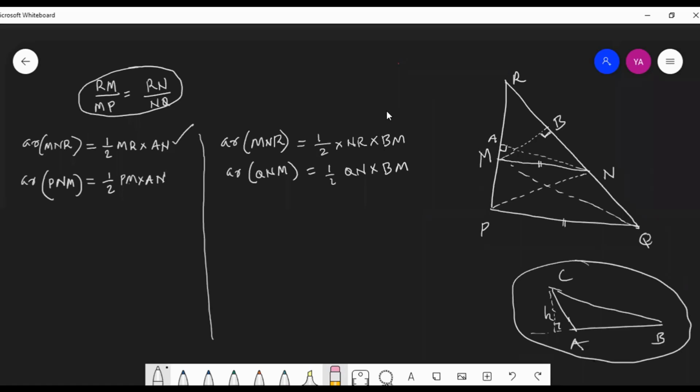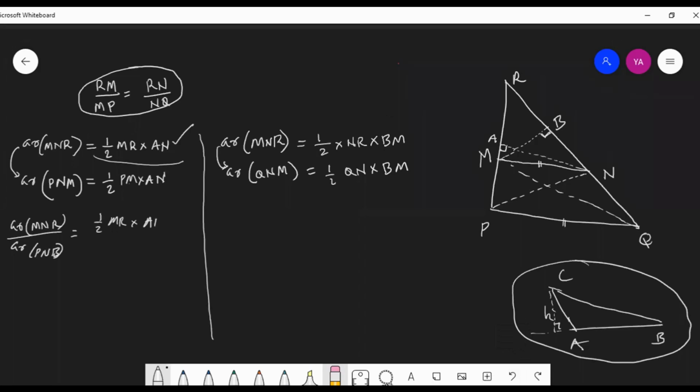Now we can divide these two, like here we divide this by this and this by this also. Here I shall write area of triangle MNR divided by area of triangle PNM. What will we get? In the numerator you can write half into MR into AN.